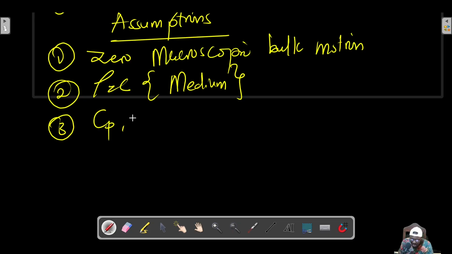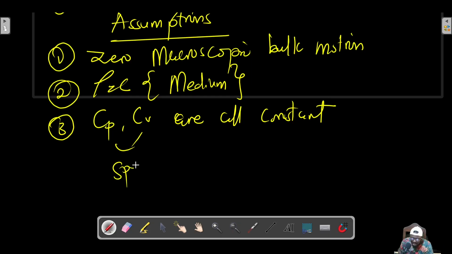So Cp and Cv are all constant. Hope we know what these are from thermodynamics. These are the specific heats at constant pressure for Cp, and constant volume for Cv.